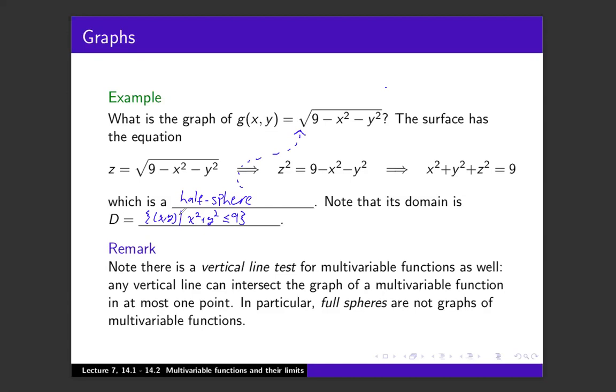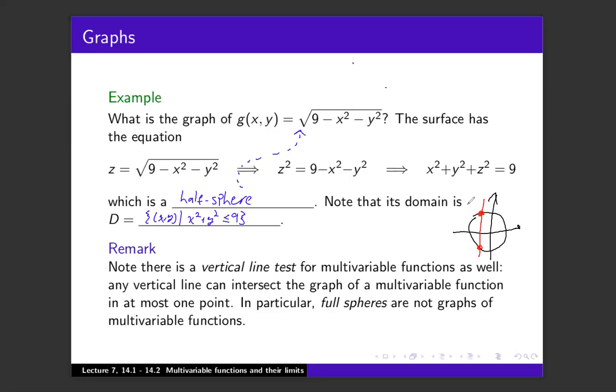Now, I want to return to this point about this graph as a half sphere. There is a vertical line test for multivariable functions. Any vertical line can only intersect the graph of a multivariable function in at most one point. And if you think about what circles look like, that's a circle. But with the vertical line test, you drop a vertical line down there, and it intersects at 2 different points.